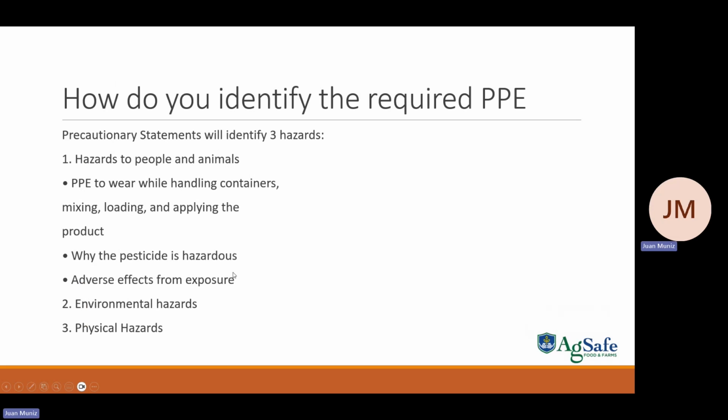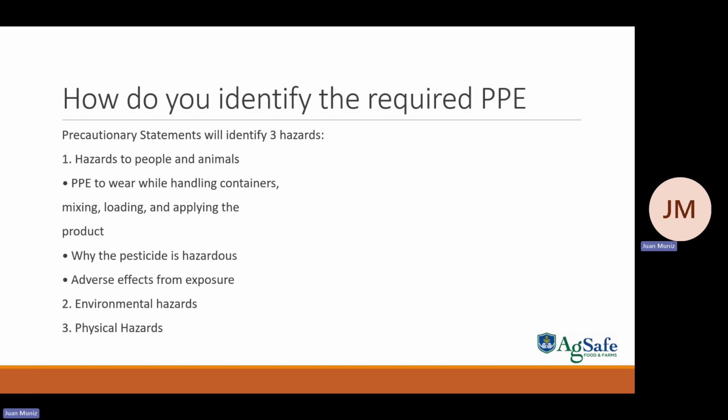How do you identify the required PPE? As I mentioned earlier, the precautionary statements will identify that for us, and it also identifies 3 primary hazards. The first one is hazards to people and animals.